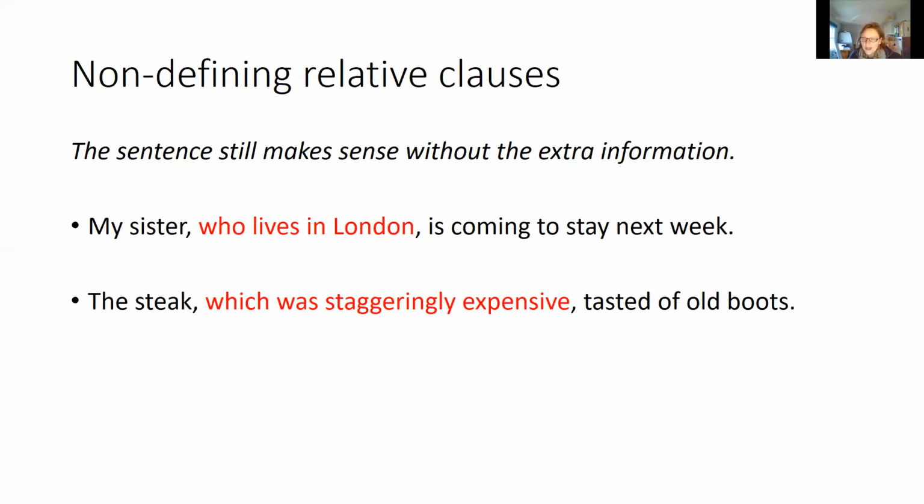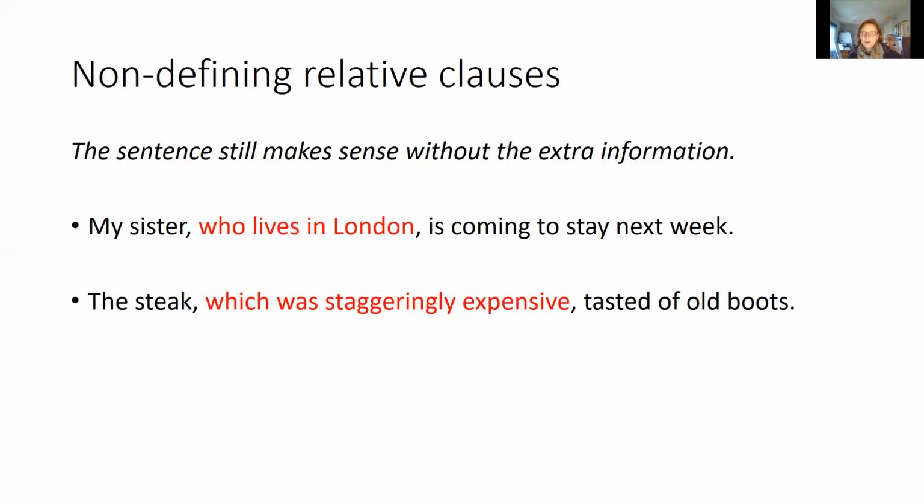We can take away who lives in London and the sentence, my sister is coming to stay next week, still makes perfect sense. The next one, the steak, which was staggeringly expensive, tasted of old boots. Again, take out the relative clause, the steak tasted of old boots. It still makes sense. That's what the sentence is about. The fact that it was very expensive is extra information.